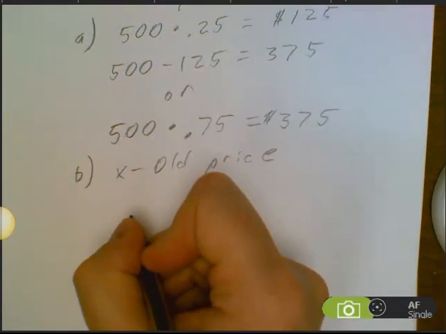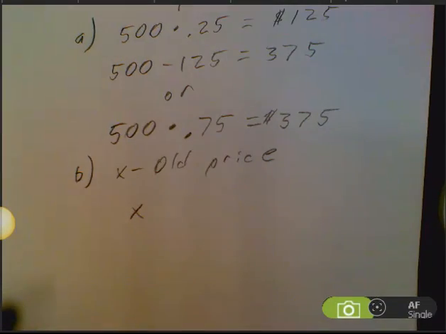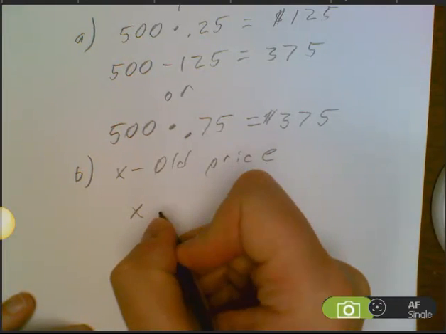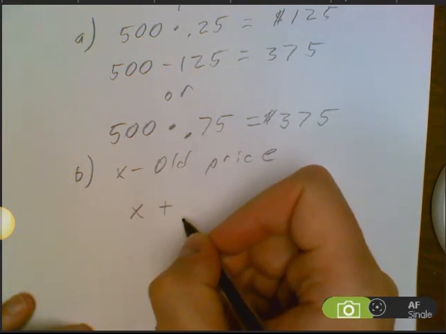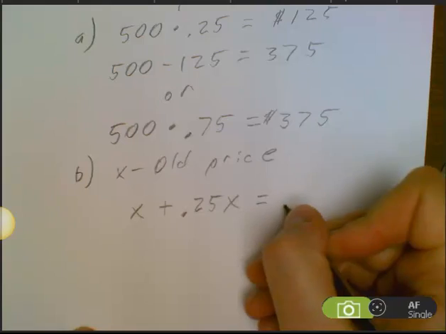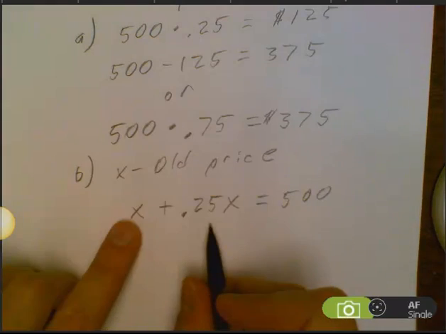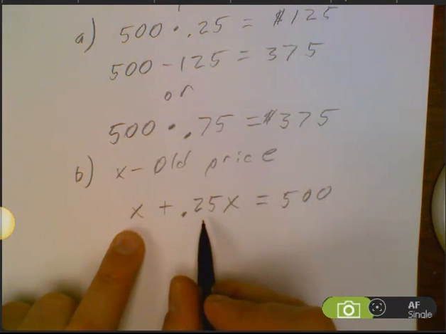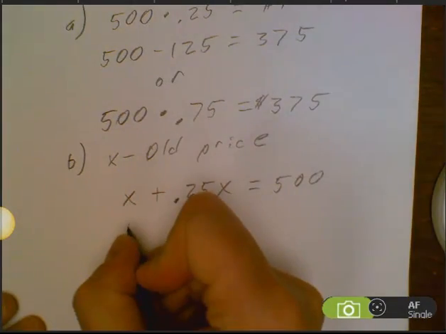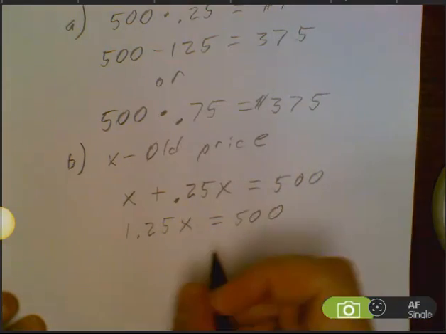Its price is raised by 25%, so one way we could do it is X plus 0.25X equals 500. Or an easier way to think of it, combining like terms: if it's up by 25%, that means it's 1.25 times the original price equals 500.